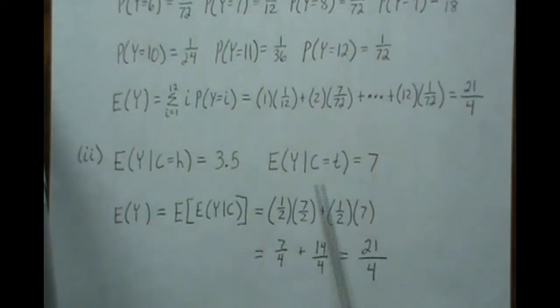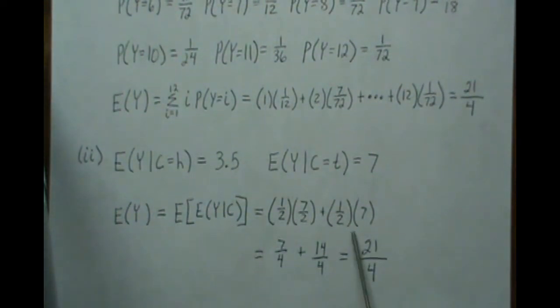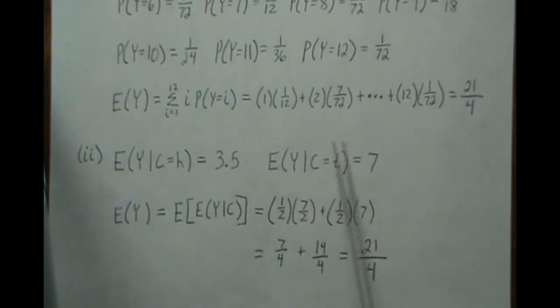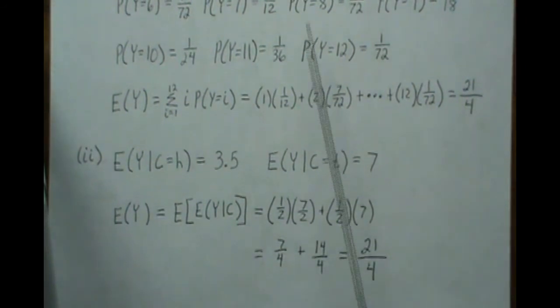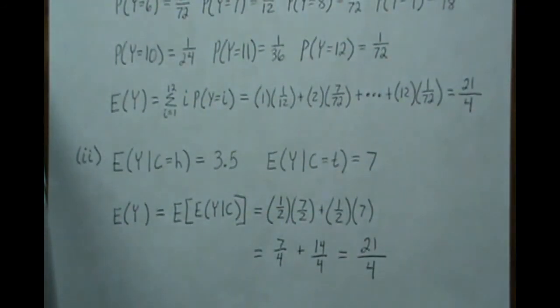And here is the possible outcome of our expectation, which is 7. And what's the probability that we observe this value? That's if we flip a tail, so it's 1/2. And then this boils down to the same thing, 21/4. And so it depends which method you use. This is, of course, much faster, but then you have to remember the conditional expectation.